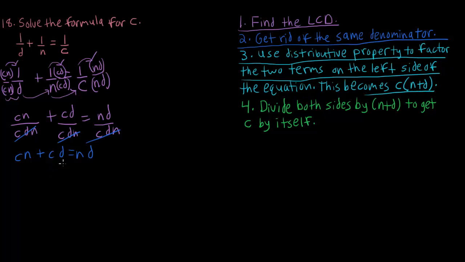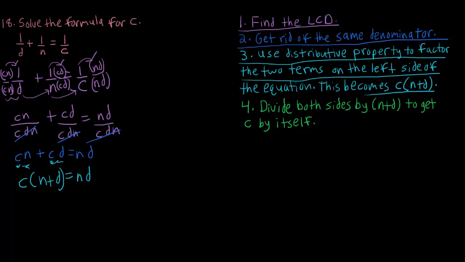We factor out C because both CN and CD have a C. So it's C times (N plus D) equals ND.